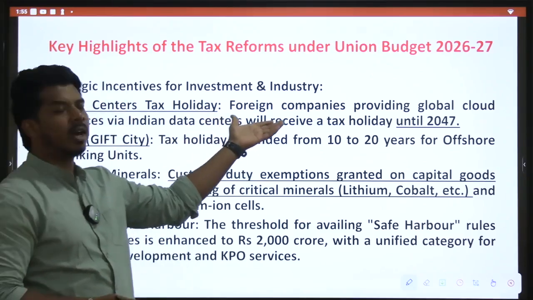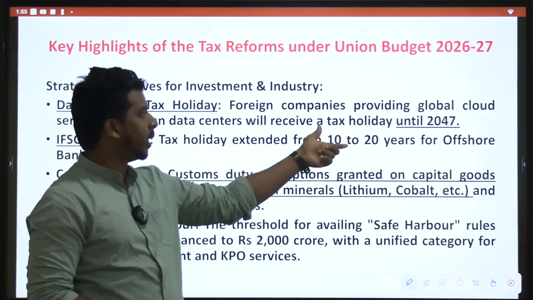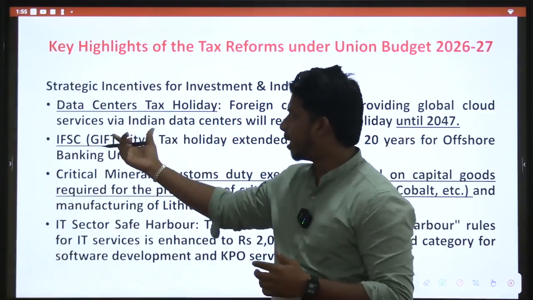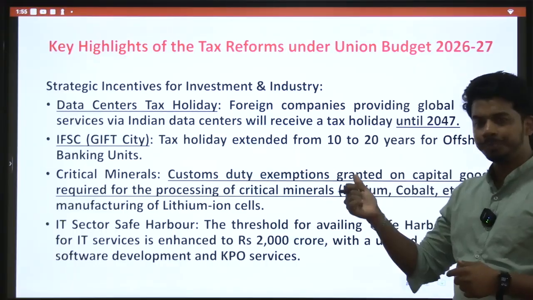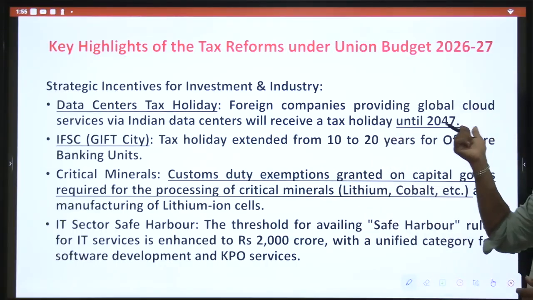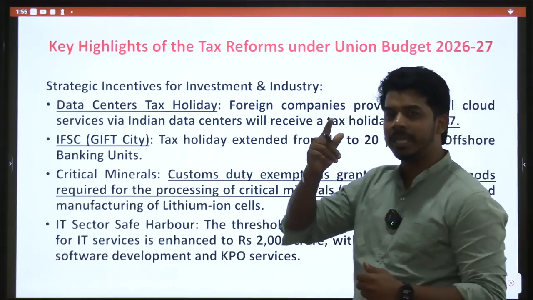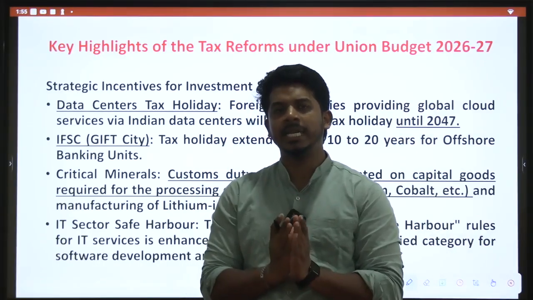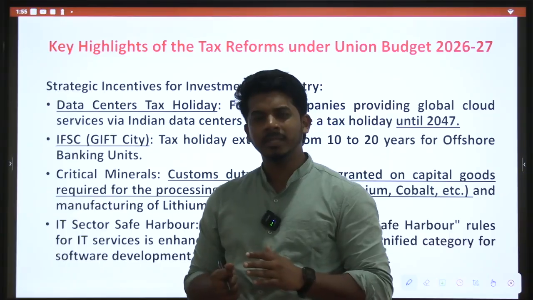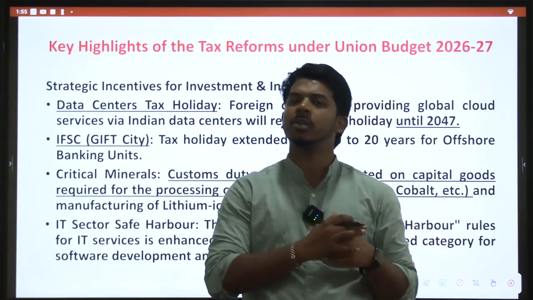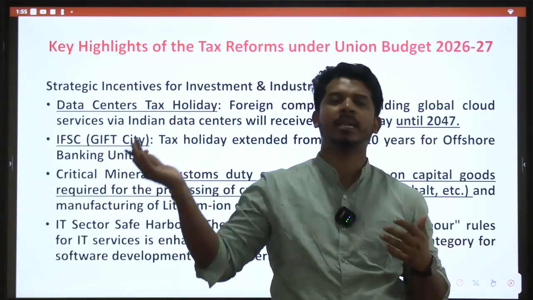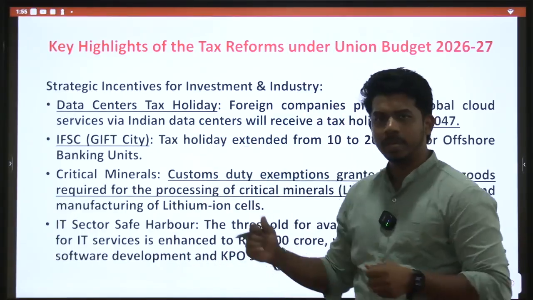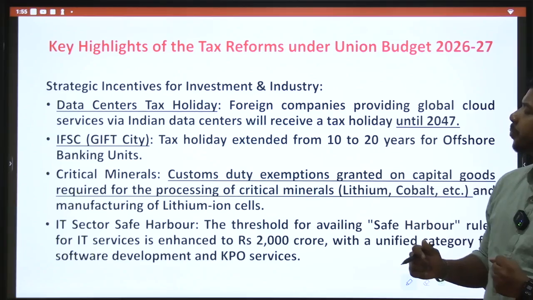Any foreign company establishing this cloud storage or data facility in India will receive a tax holiday up to 2047. See, such a large period. We are in 2026, so for the next 21 years you don't have to pay any tax to the government. Such a huge concession to foreign investors.